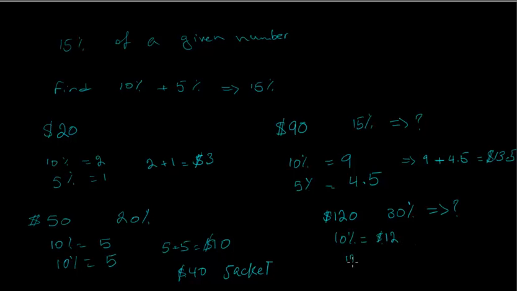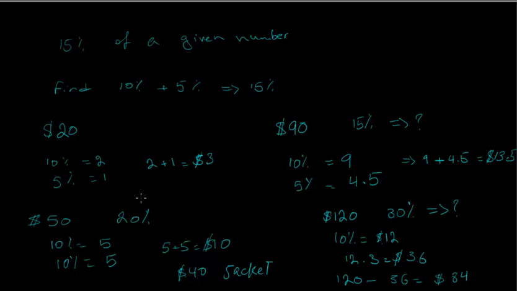And now we multiply 12 by 3 and we get $36. $120 minus $36 equals, you pay $84 for that jacket.